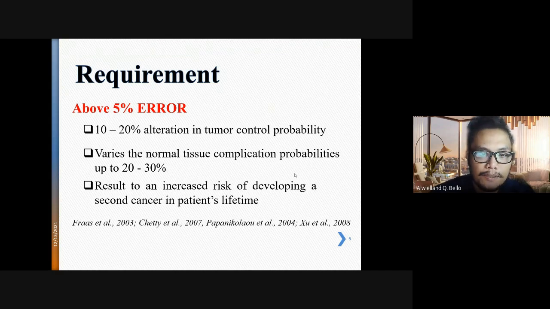It would vary the normal tissue complication probabilities by up to 20 to 30%, which results in an increased risk of developing a second cancer in patients' lifetime. That is according to Fras, Chetty, Papanicolaou, and Chu.